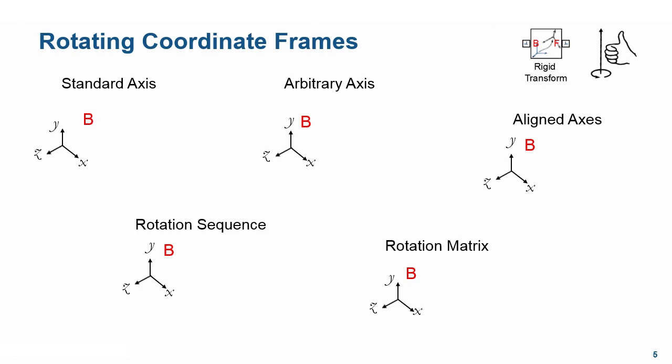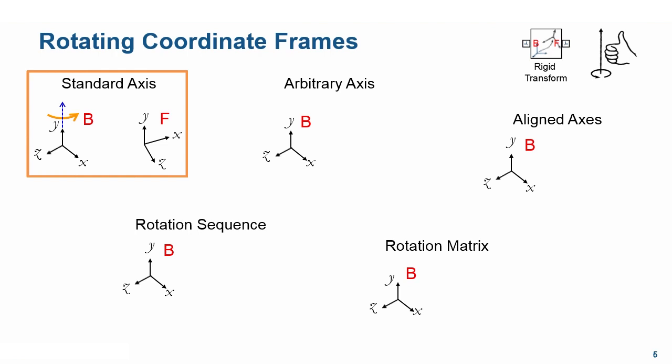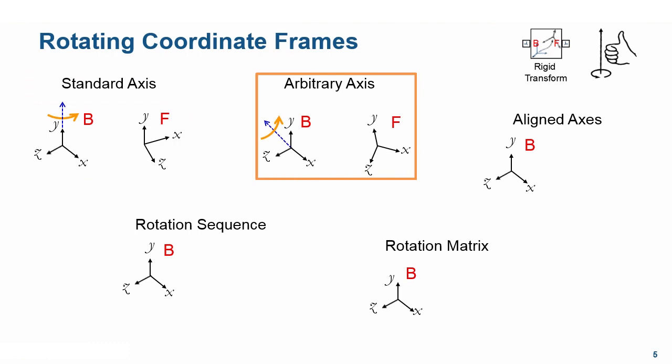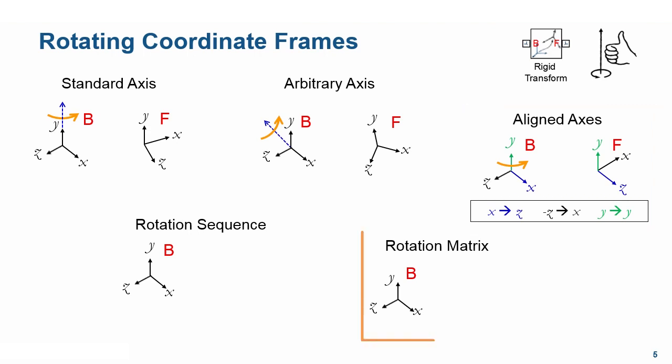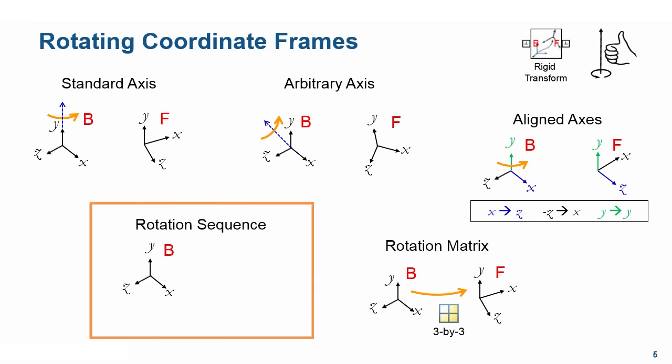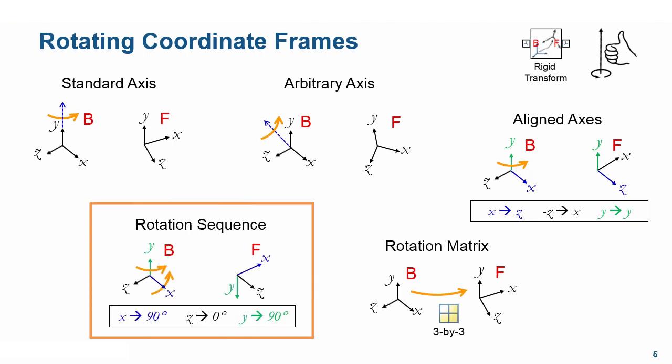We can specify the following methods of rotation: standard axis, where the elementary rotation is along one base axis; arbitrary axis, where the elementary rotation is along one custom axis expressed as the vector x, y, z; aligned axis, where we have two axis mappings between base and follower coordinate frames; rotation matrix, where we define a 3x3 rotation matrix from a base to a follower frame; rotation sequence, where we specify frame rotation as a sequence of three elementary rotation angles and axes.